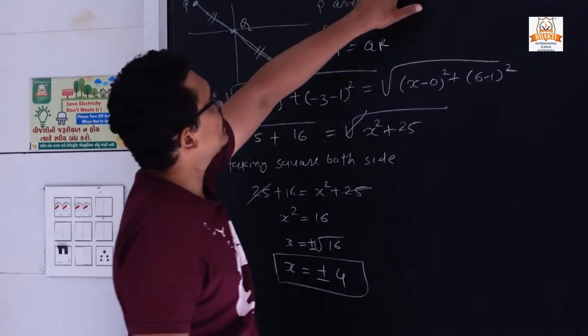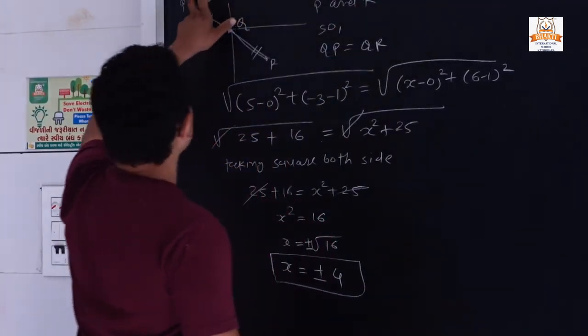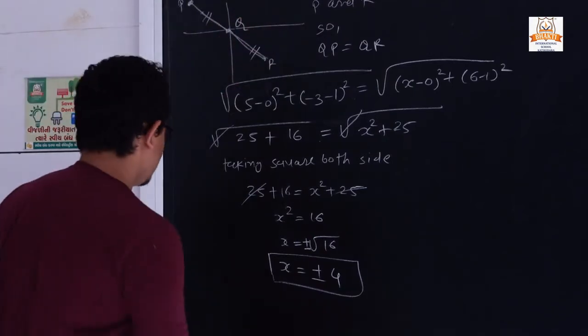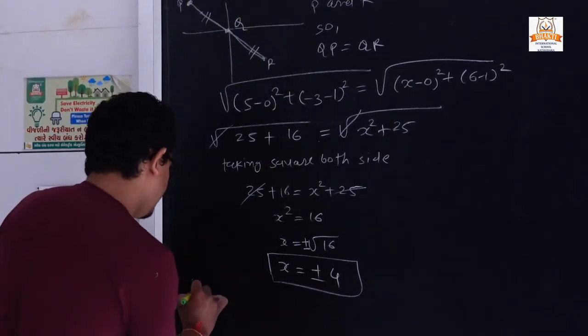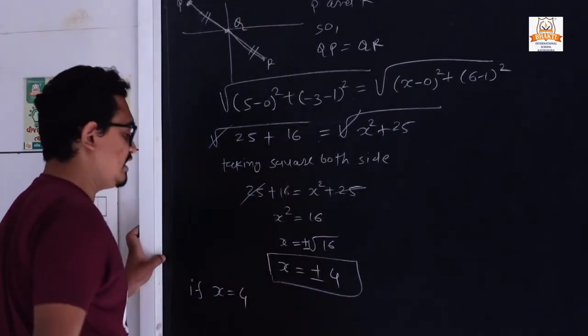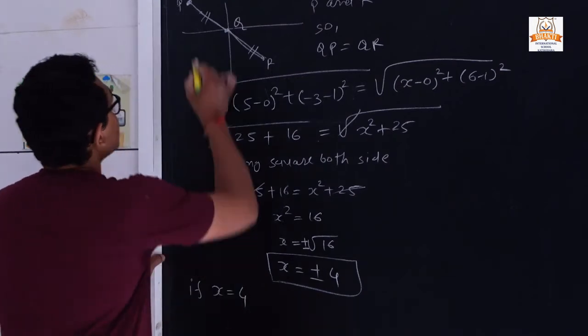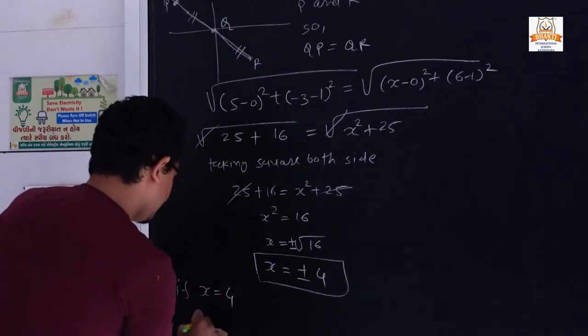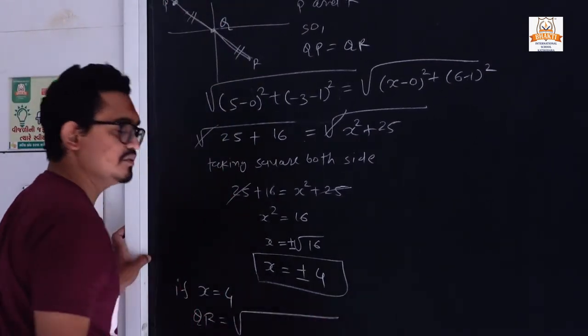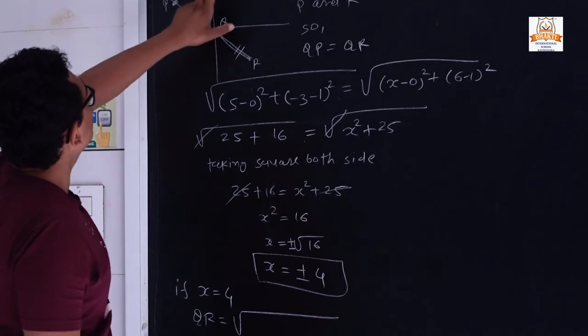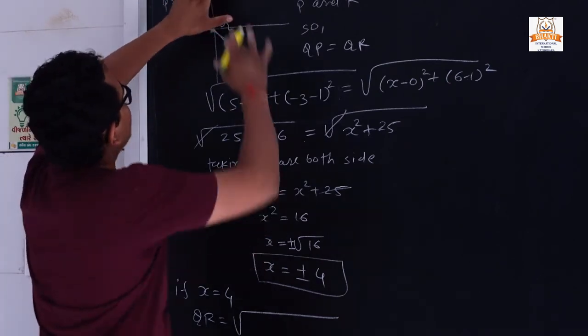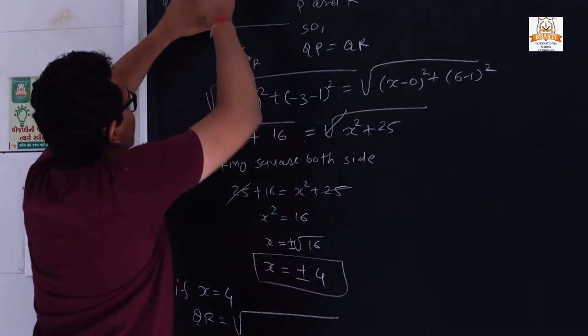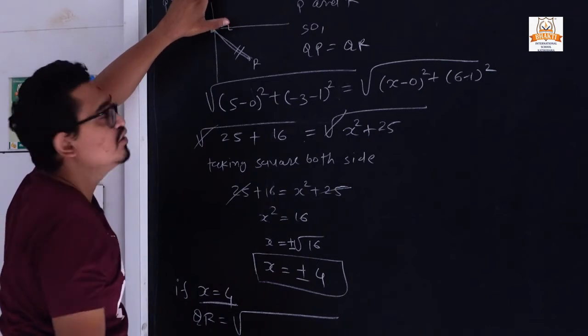Now they are also asking, also find the distance of QR and PR. So first of all, if x is equal to plus 4, we can find QR, under root QR. First of all we are taking here 4, clear, x is equal to plus 4.